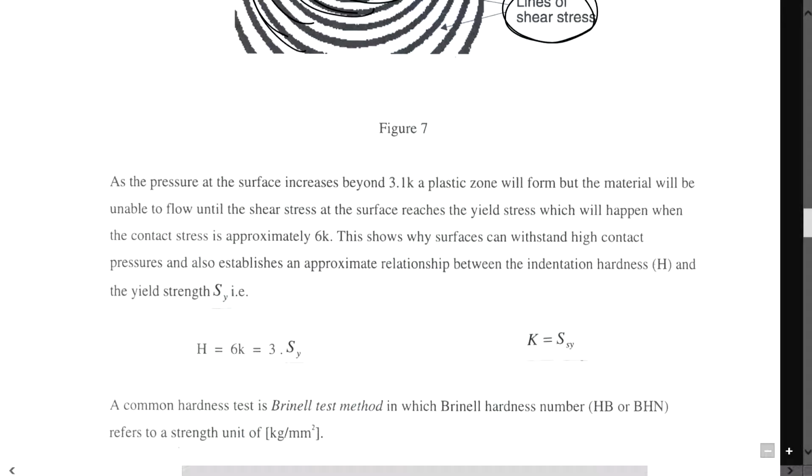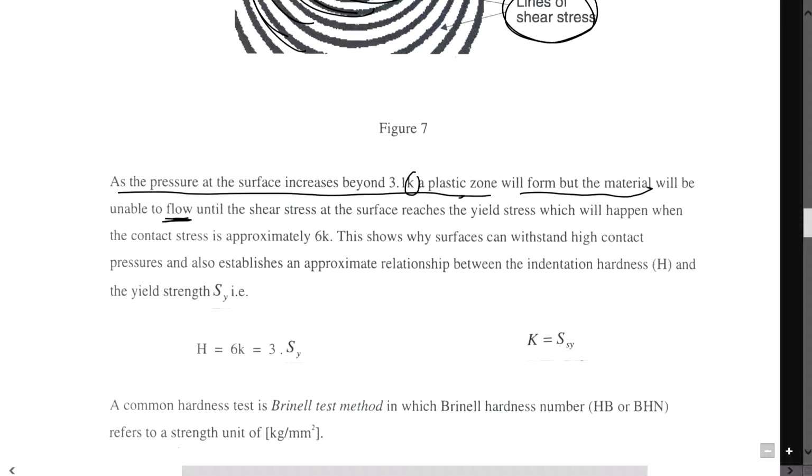After that, there is one interesting piece of information: as the pressure of the surface increases beyond 3.1 K, K is the constant, a plastic zone will form, but the material will be unable to flow.